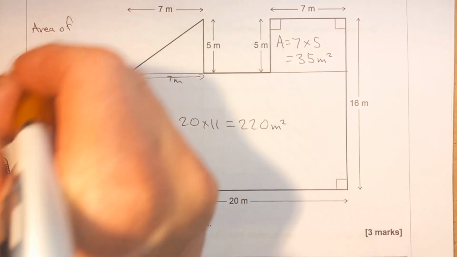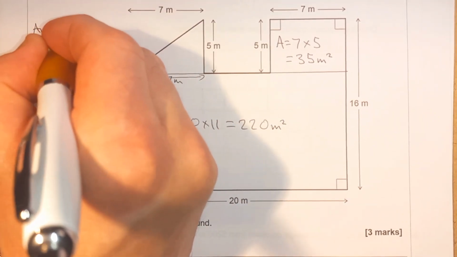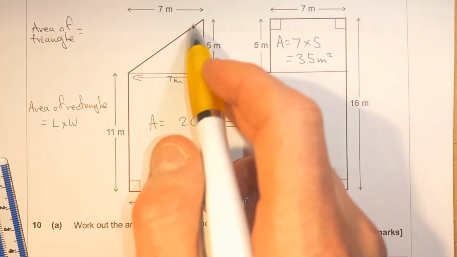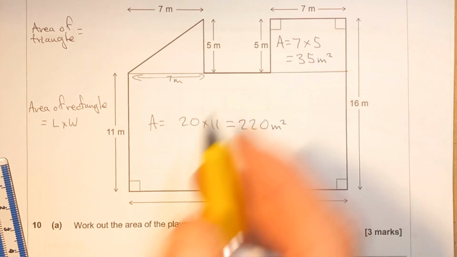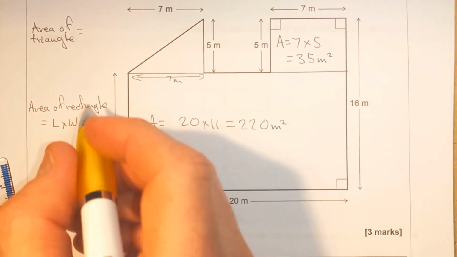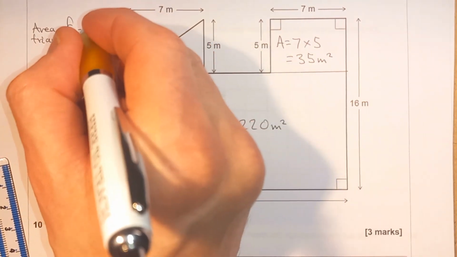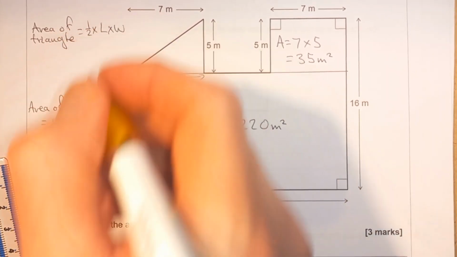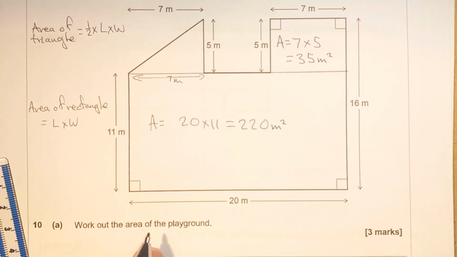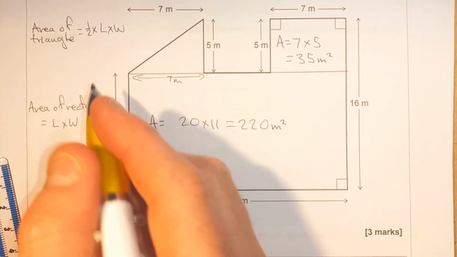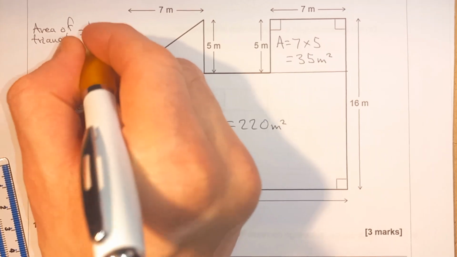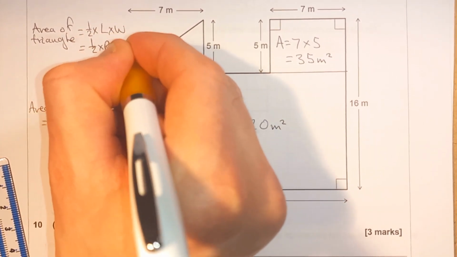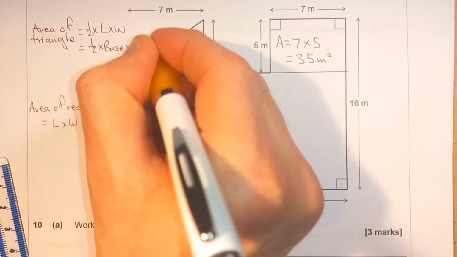Well, the area of a triangle is similar to that of a rectangle, but if you look, it's basically half, isn't it? It's like a rectangle that we've just put the diagonal on. So, in fact, it is length times width, but it's a half of length times width. And instead of length times width, because it's a triangle, we tend to call it half of the base times the height.